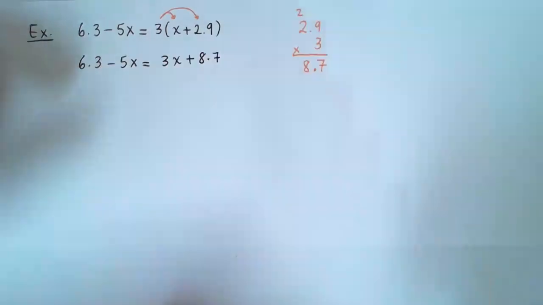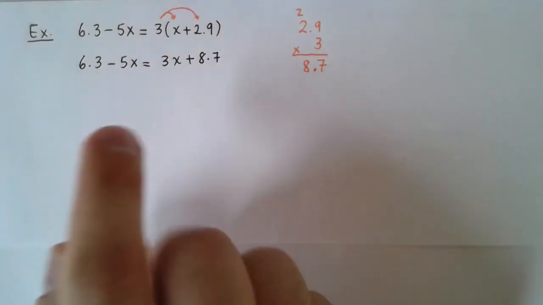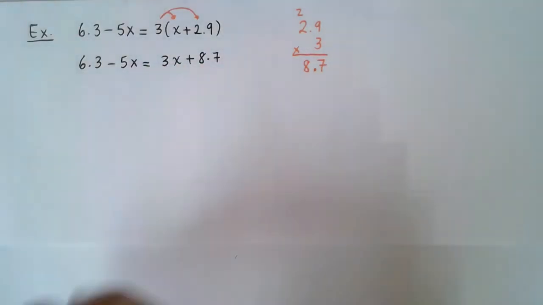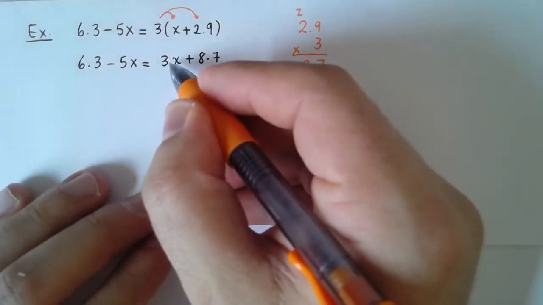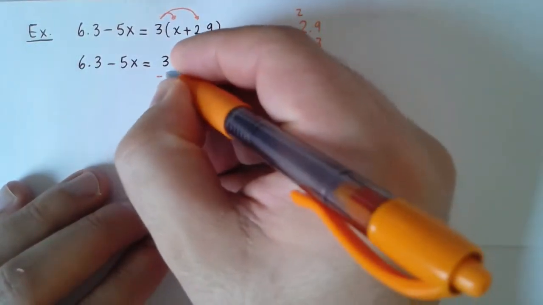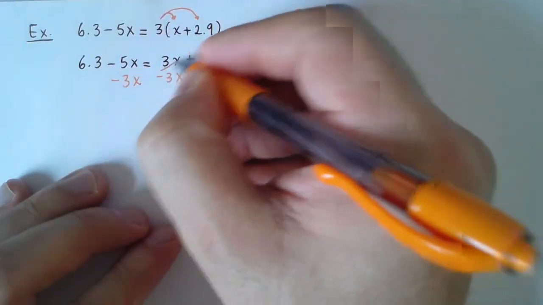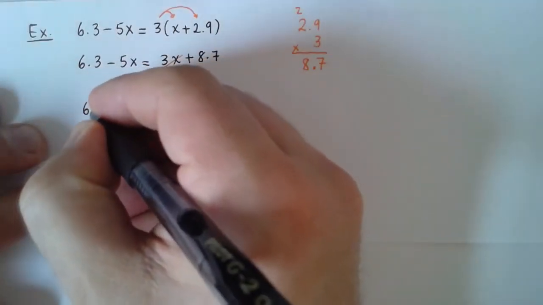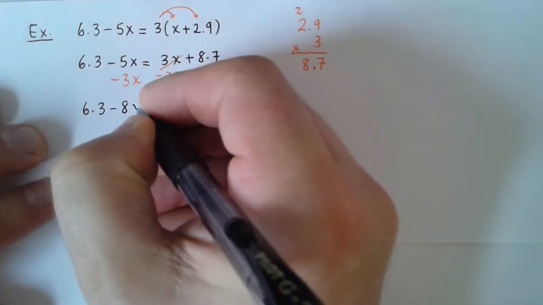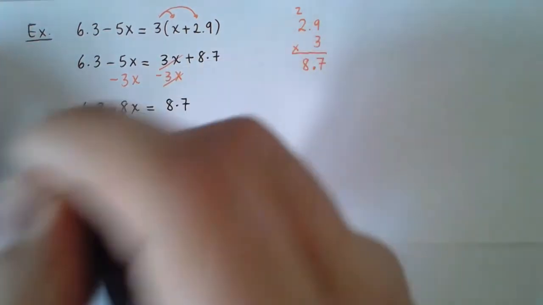See, now it looks similar to what we did before. You have two variables on one side and you have two constants on each side. So you can combine those variables. I have 3x, let's remove that one to the left side. So I have negative 3x and negative 3x, so these two will cancel. So I got 6.3 minus 8x equals 8.7.